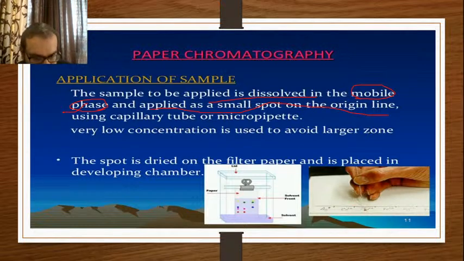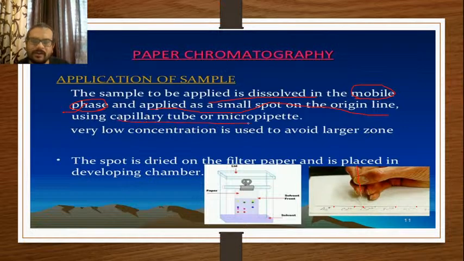Remember, here, by using this small capillary, you can apply small dots on the already marked positions on the so-called origin line. These origin lines will have your different samples.